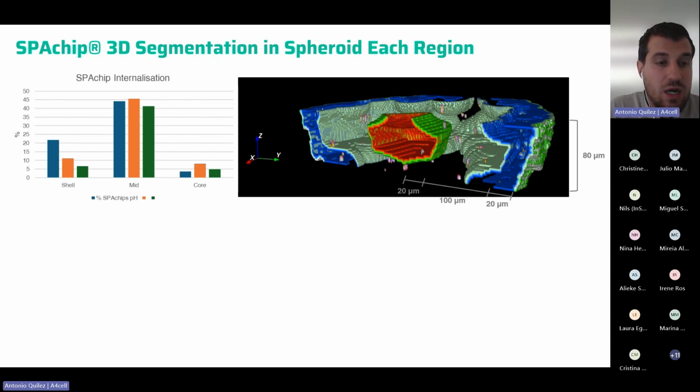And here, the graphs represent the three different methods that I showed you before, A, B, and C. The chips that were added during aggregation, after the sphere has been formed, or once we have a quite large sample.